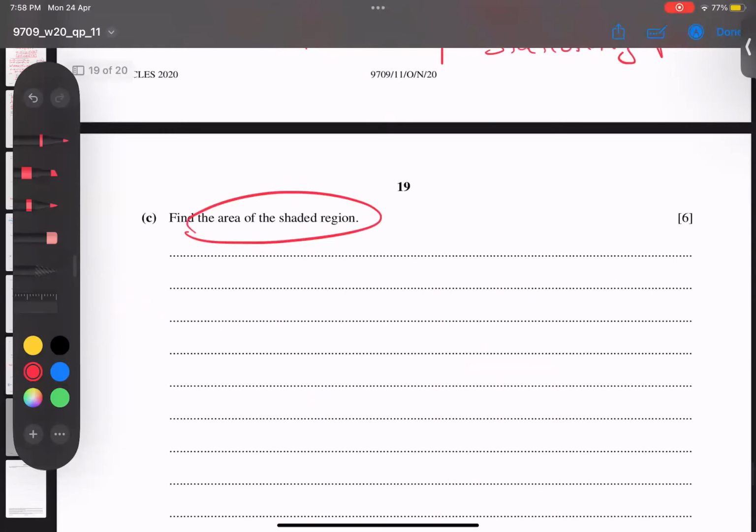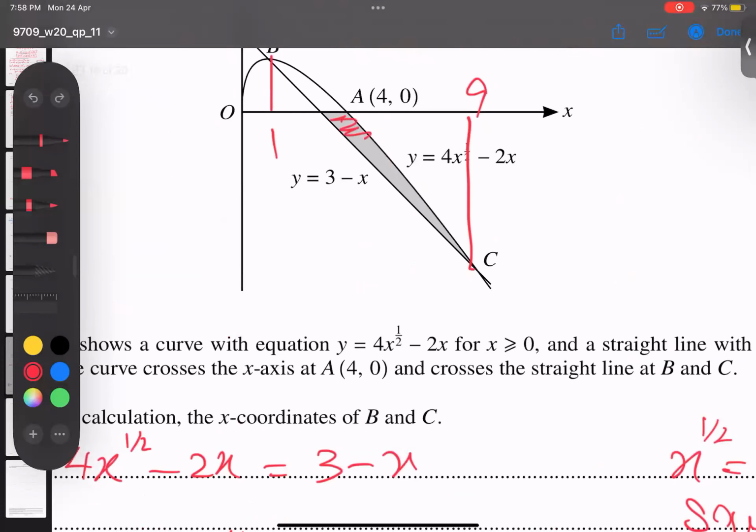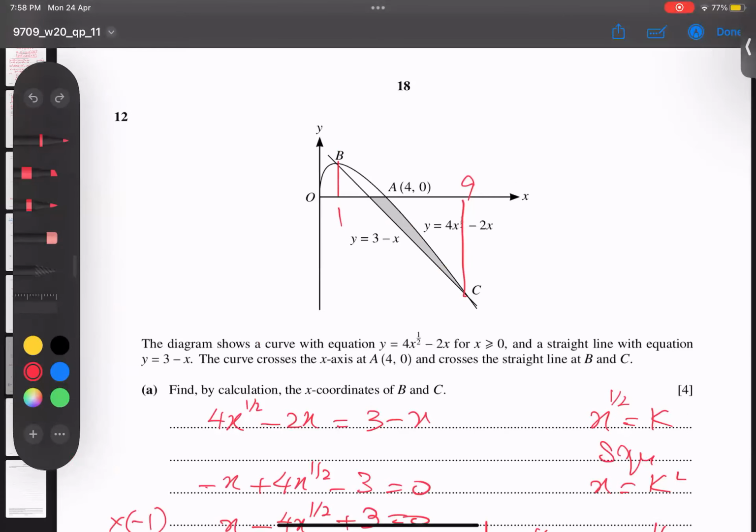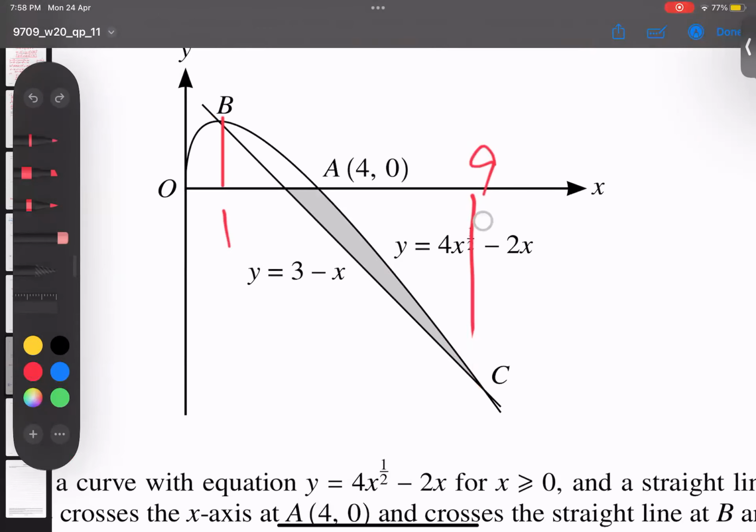Let's get the shaded area. What is the shaded area, students? The shaded area is below the x-axis. Very interesting. How to get it? What is the technique? Let me give you the plan first of all.